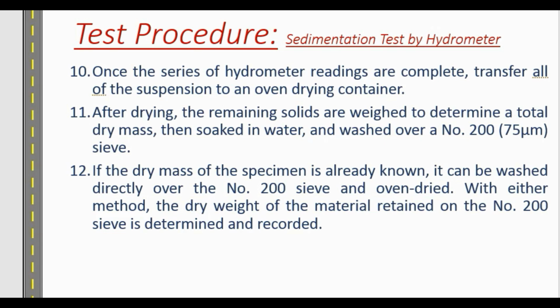If dry mass is required, as later on we will discuss in the calculation, we will use the number 200 wash sieve and wash the material on it until clear water runs through. The running of clear water will indicate that no further soil particles are passing through the number 200 wash sieve.